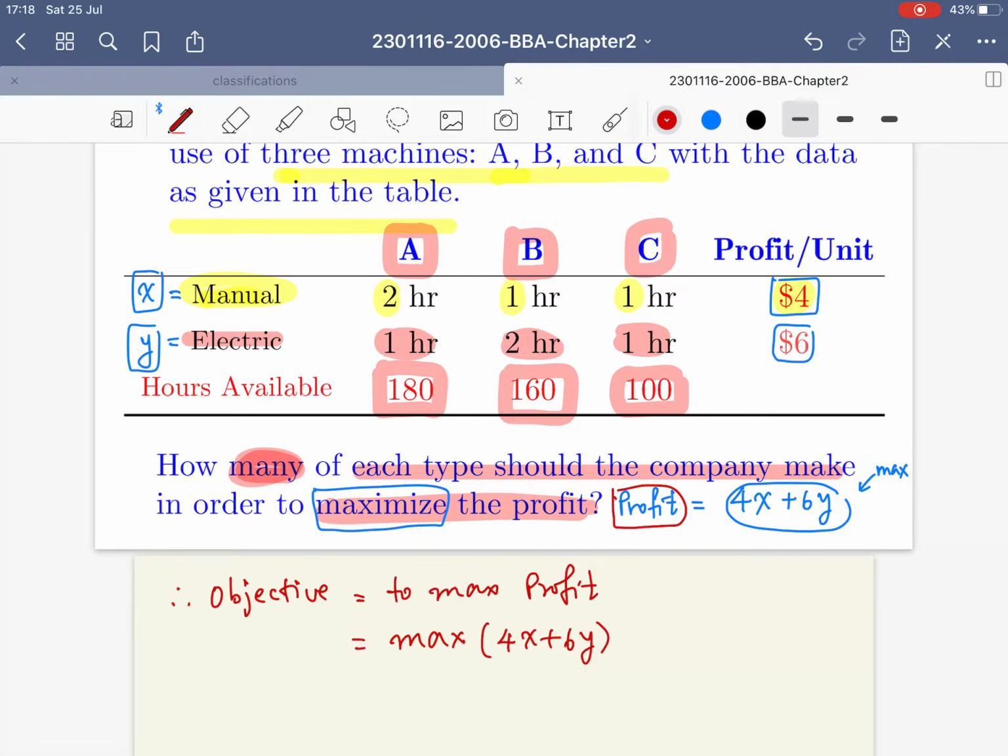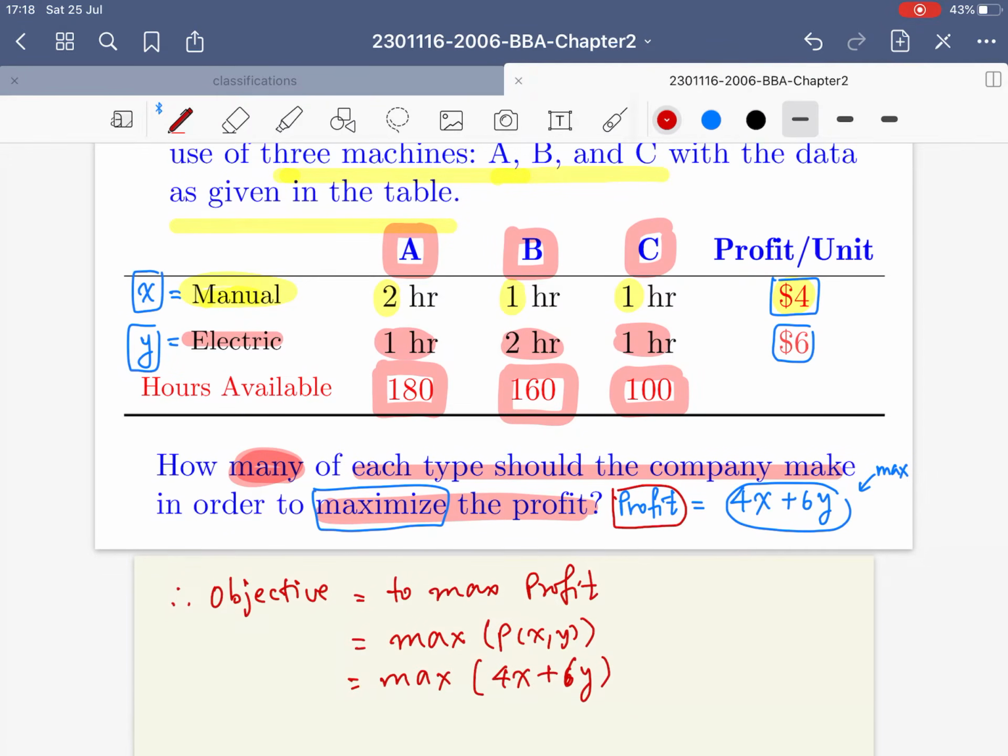Usually we call this P of x, y. So let me write it this way: maximize P(x, y), where P(x, y) is simply 4x plus 6y.